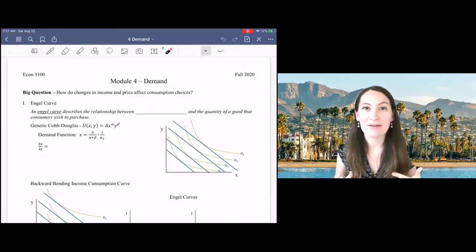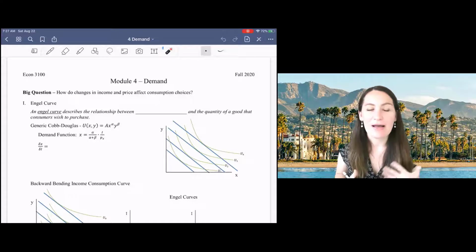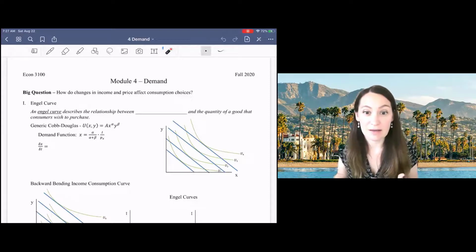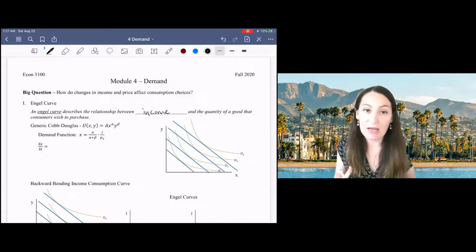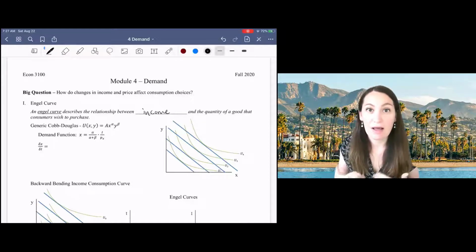And everybody's heard of a demand curve, but you probably haven't heard of an Engel curve before. So an Engel curve describes this relationship between income and consumption. So what we want to do is, taking our demand equation, think about what the relationship is between income and our optimal consumption choice.